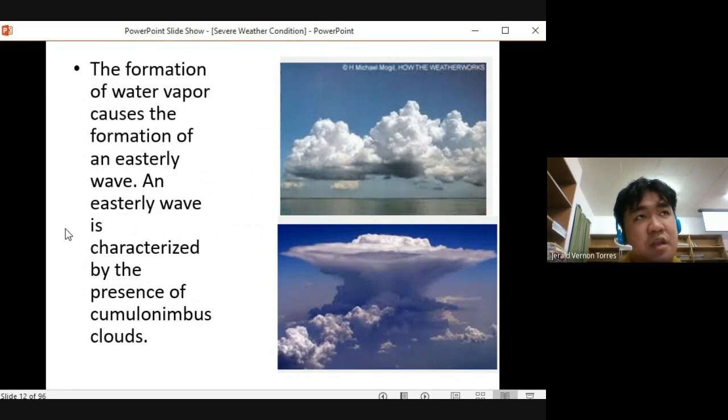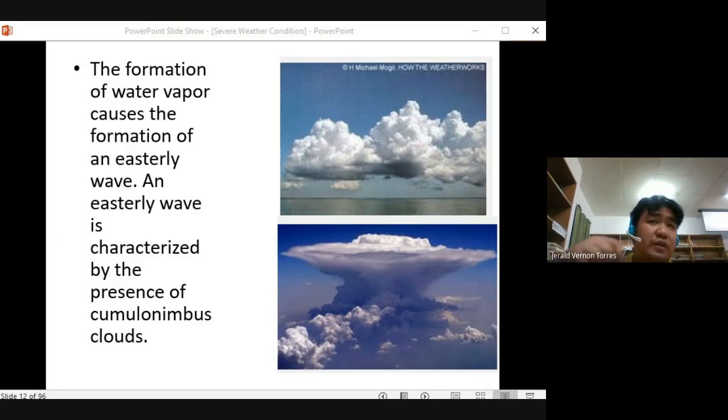Let me repeat myself, pag meron na kayong cumulonimbus cloud, meron na kayong tinatawag natin na easterly wave. And class, this easterly wave is actually the first stage in the formation of your typhoon, hurricane, or cyclone. This is just an easterly wave since meron tayong formation of cumulonimbus cloud due to the lifting of the converging winds.